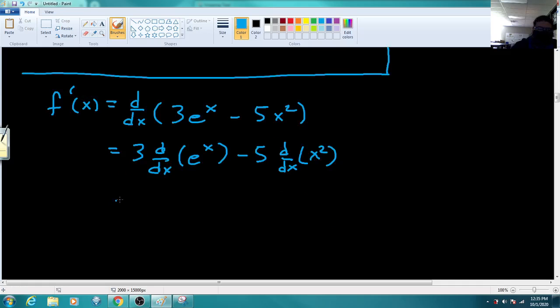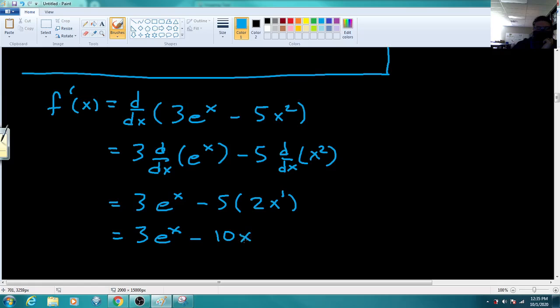So the derivative of e to the x is just e to the x. It is its own derivative. That's by the theorem we just wrote down. We get minus 5 times the derivative of x squared. The 2 comes down, you get x to the 2 minus 1, which is x to the first power. If we simplify that, that's 3e to the x minus 10x.